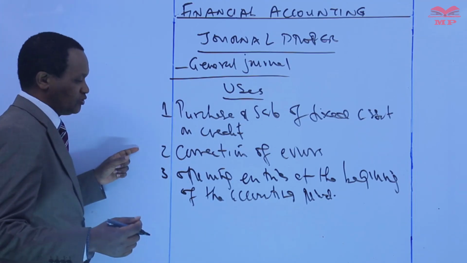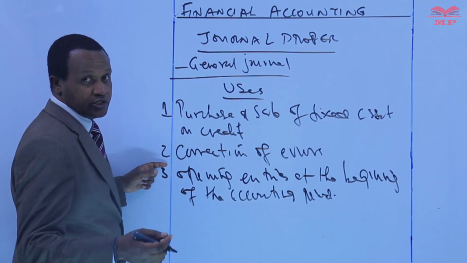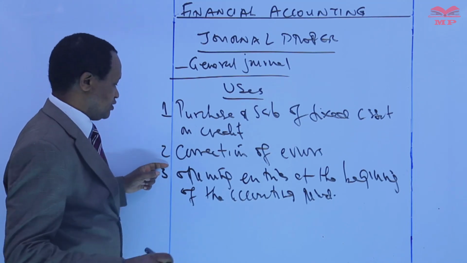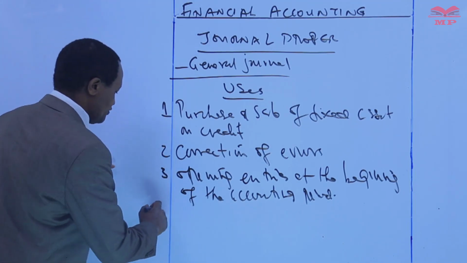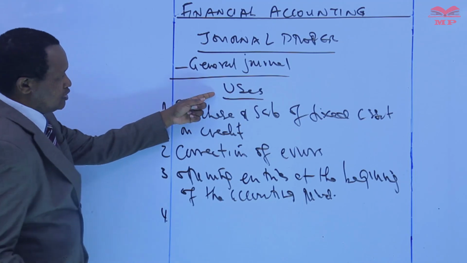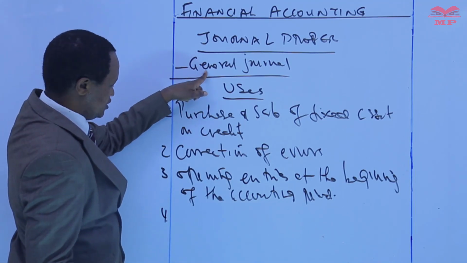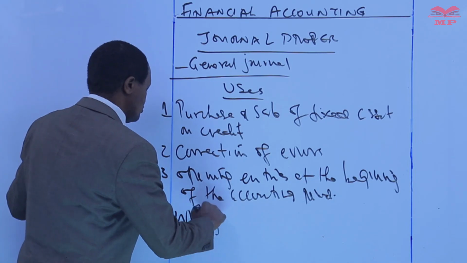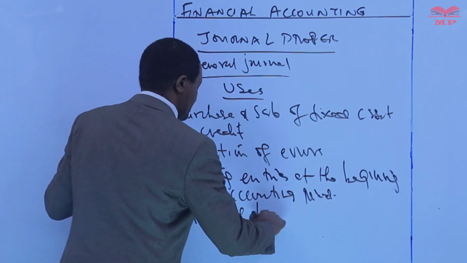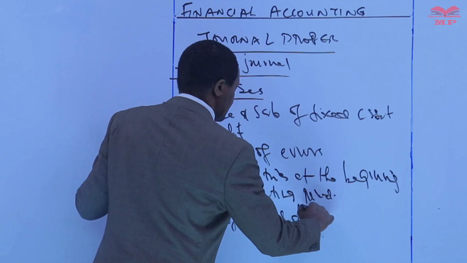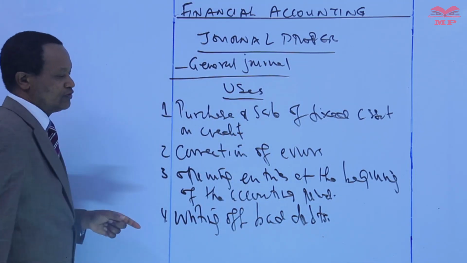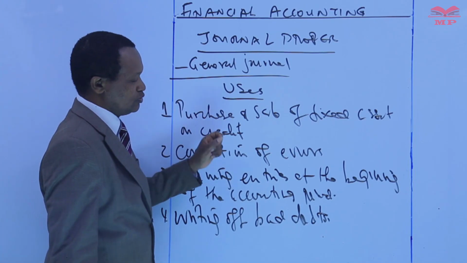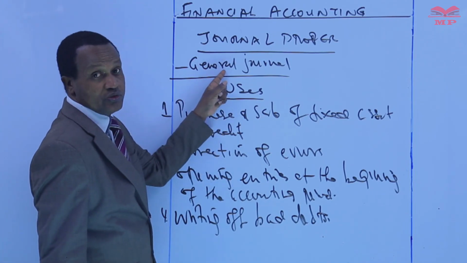The journal proper may be used to open entries at the start of an accounting period. Number 4, the fourth use of a general journal is writing off bad debts. When bad debts are written off, such a transaction has to be reflected in the general journal.